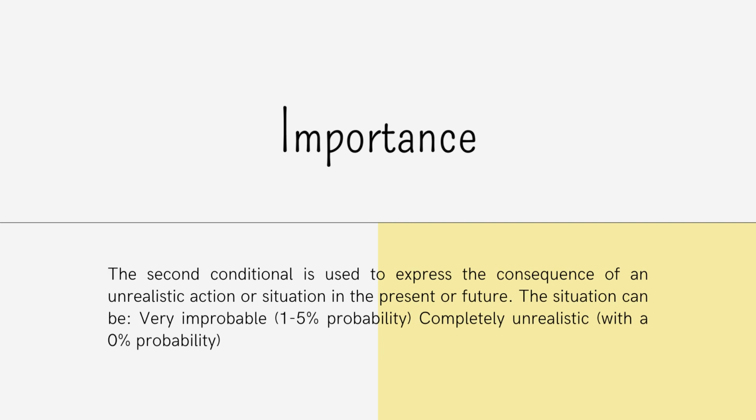And the importance of the second conditional: it is used to express the consequence of an unlikely action or situation in the present or future. The situation can be very improbable and completely unrealistic.